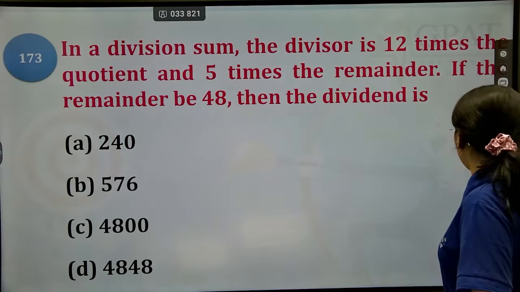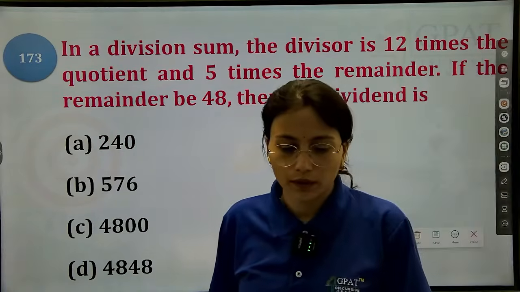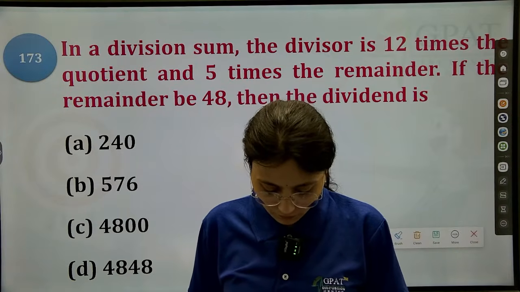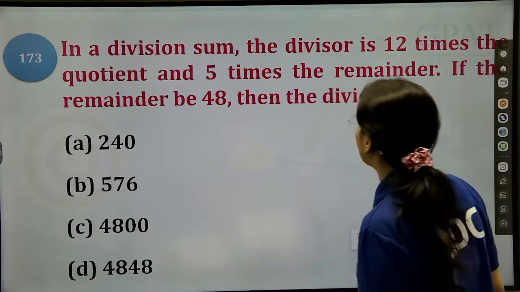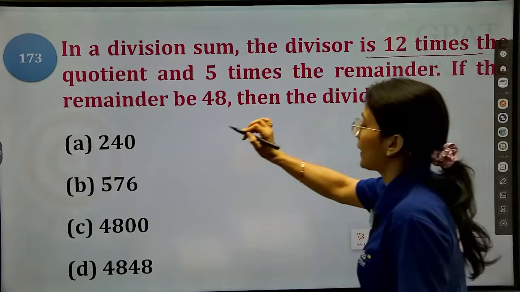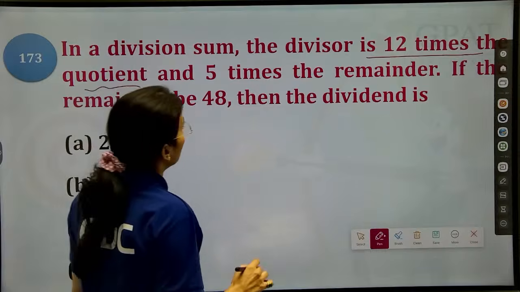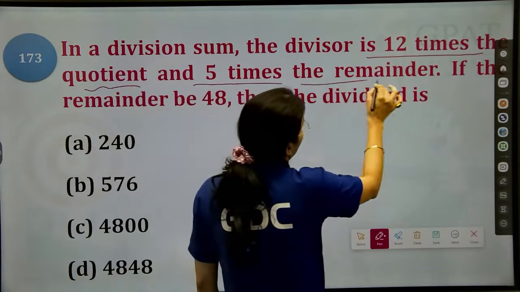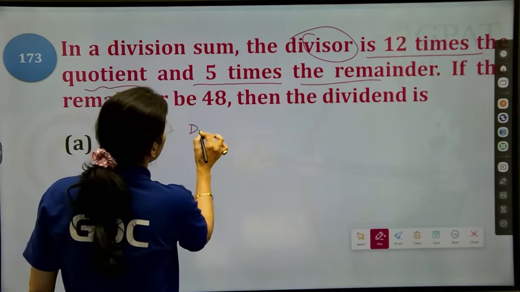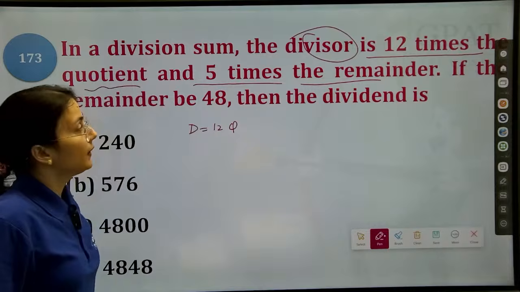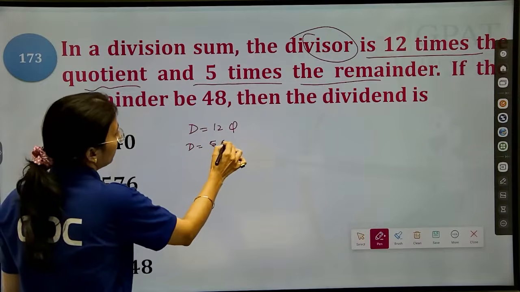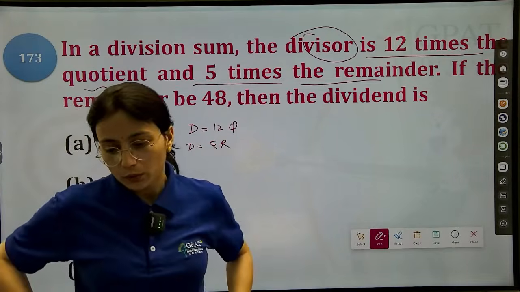So now we solve some aptitude questions, okay? Question one: in a division sum, the divisor is 12 times the quotient and 5 times the remainder, according to the question.